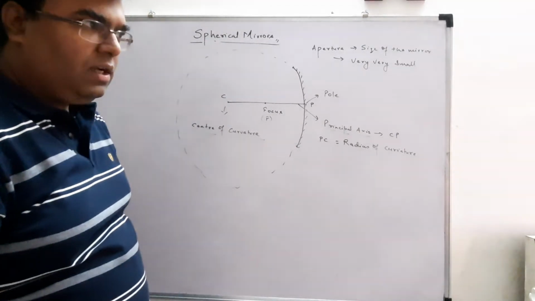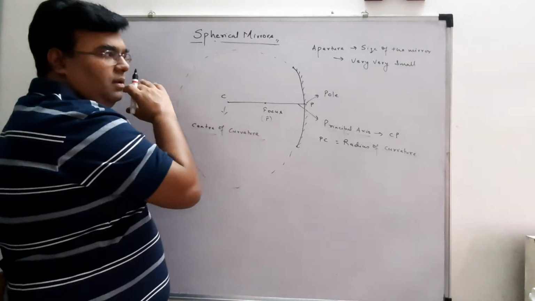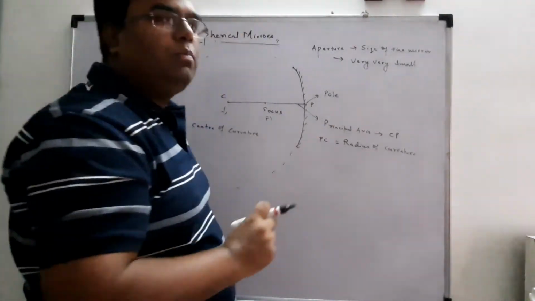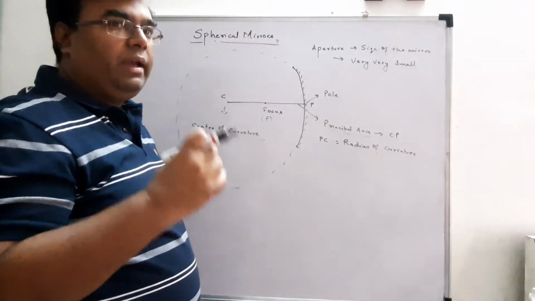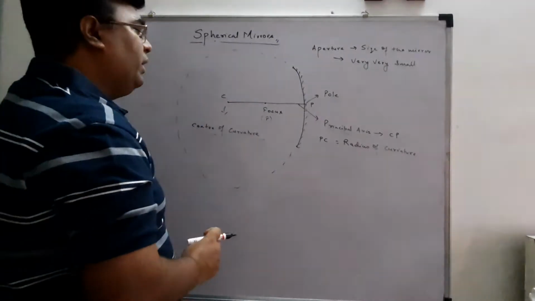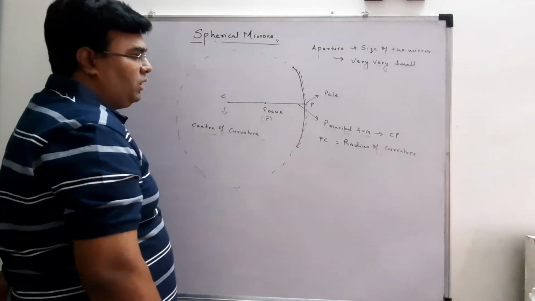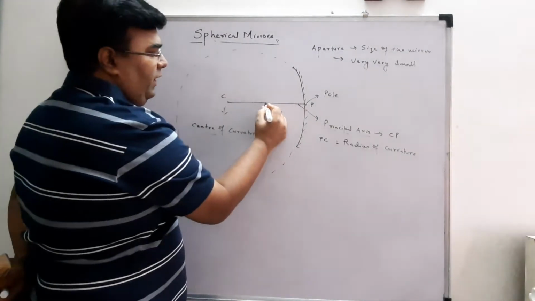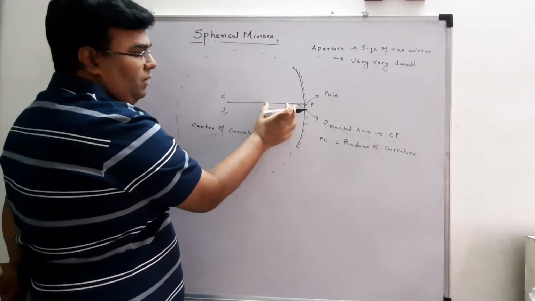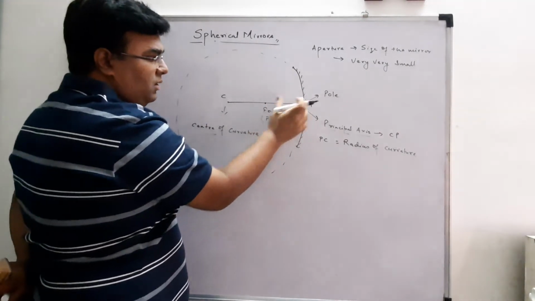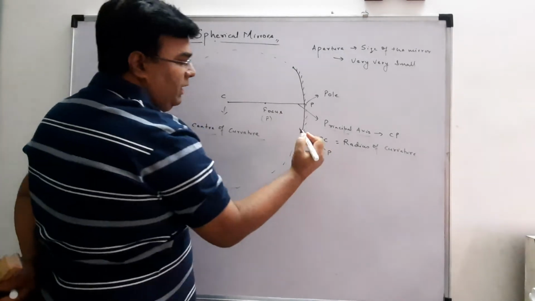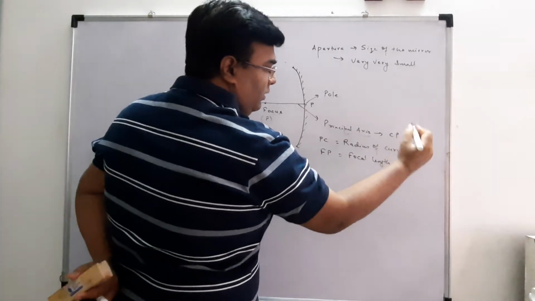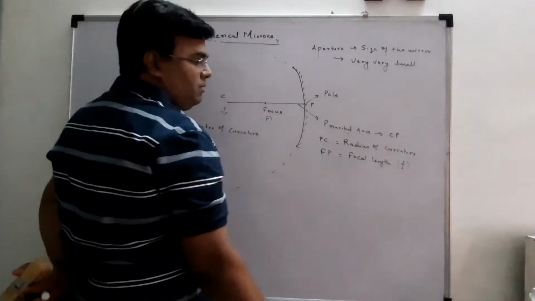Why do we call it focus? Because when all the rays come parallel to the principal axis, they come to a single point, they get focused on one point, so we call that point the focus. The distance of the focus from the pole, this FP, is known as my focal length and is denoted by small f.